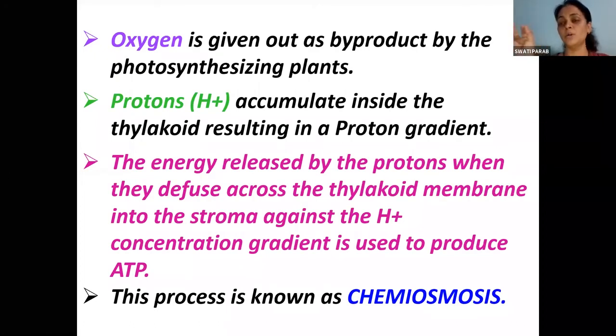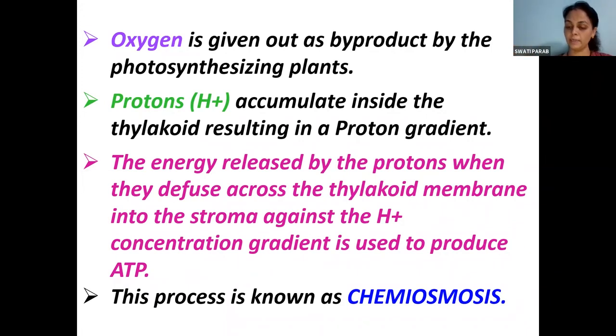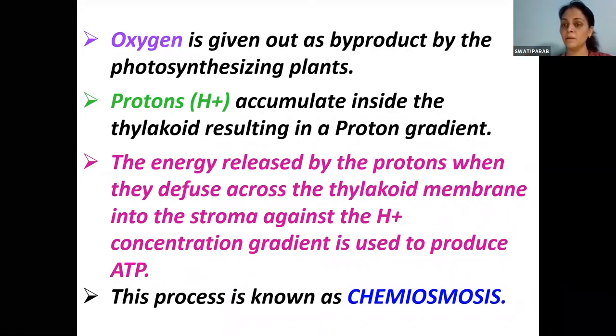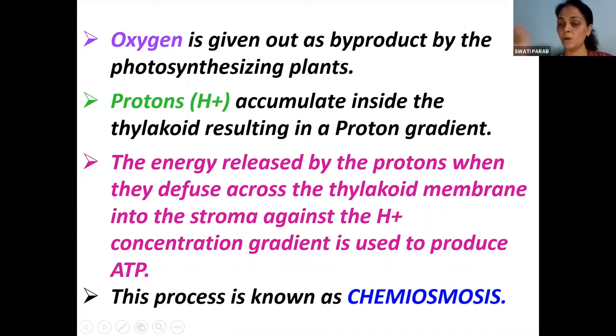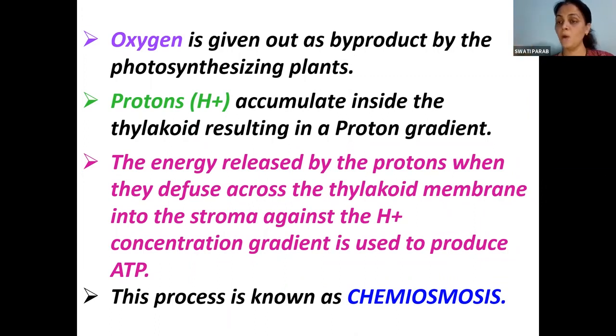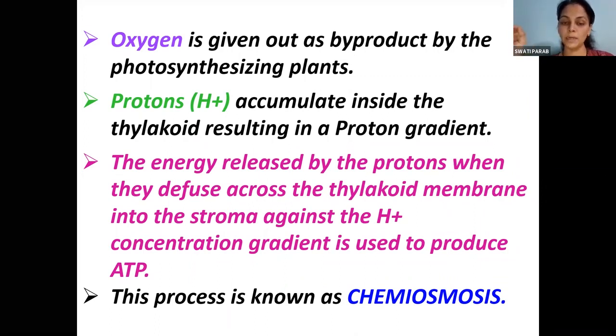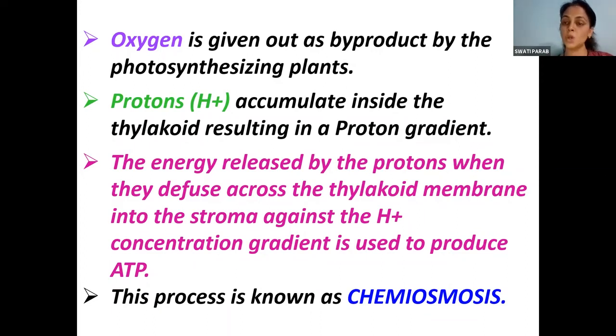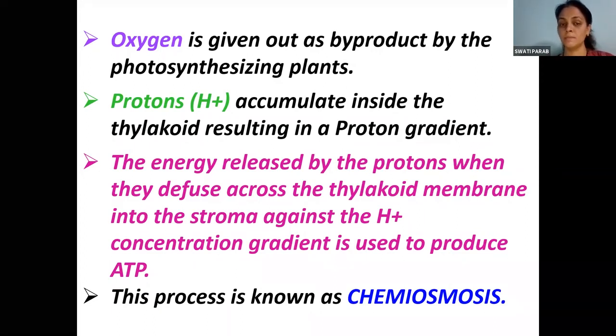The movement of ions across a selectively permeable membrane down their electrochemical gradient is called chemiosmosis.